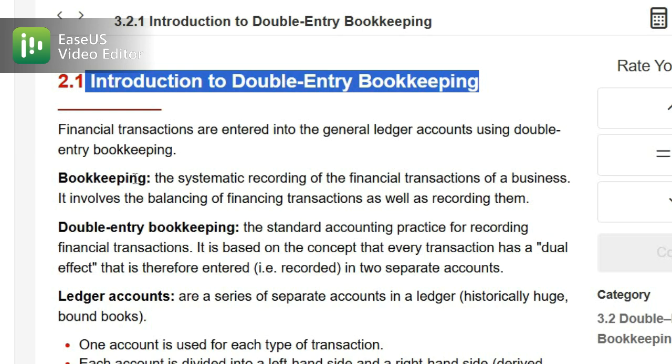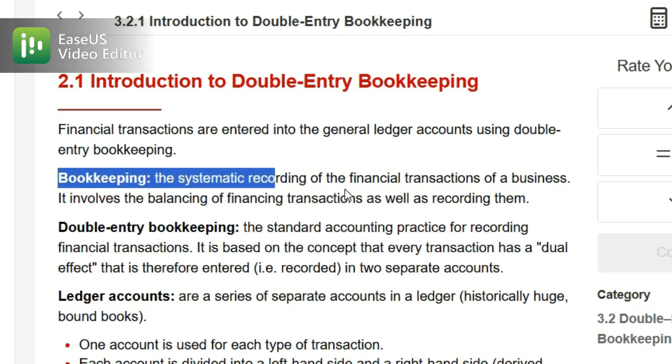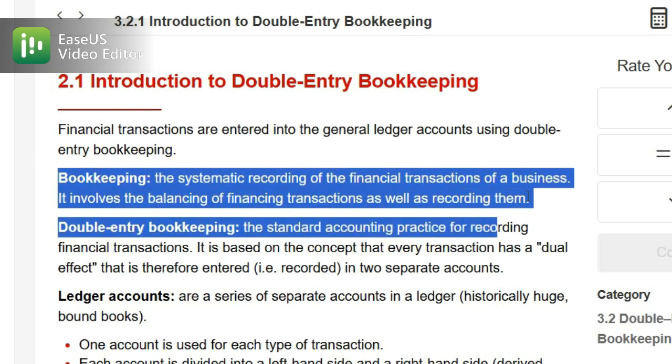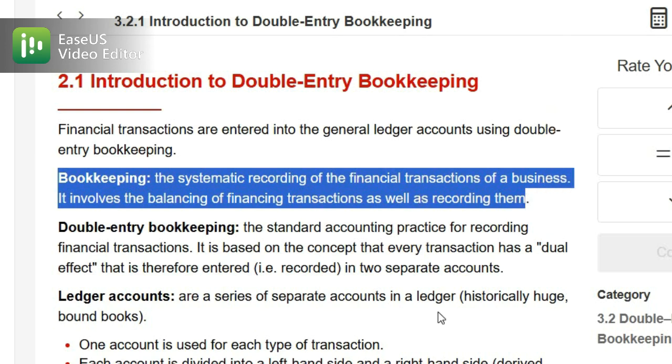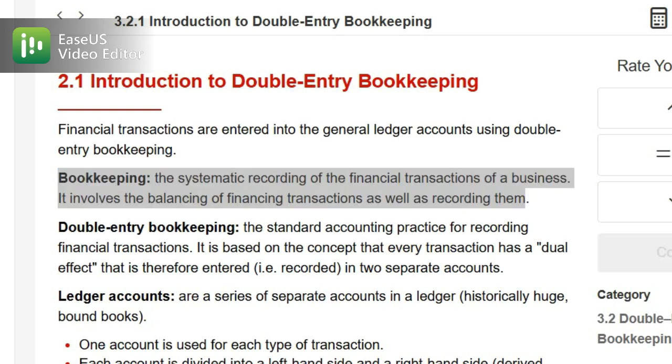Now bookkeeping is the systematic recording of the financial transactions of a business. It involves the balancing of financial transactions as well as recording them. So bookkeeping is simply the process of recording all the financial transactions of a business.